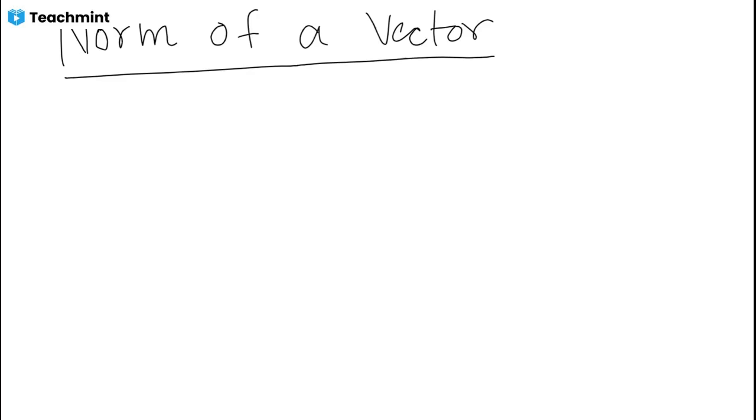The norm of a vector. We have here four types. Give me a moment. I'm just opening some material so that we can take some example.